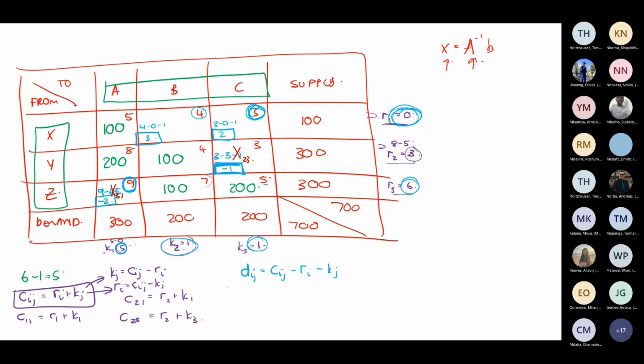So remember, we have an objective function value at the moment, which is 5 times 100 plus 8 times 200 plus 4 times 100 plus 7 times 100 plus 5 times 200. But we're saying if we bring in, so we increase the value of x23 or x31 by a single unit, they are going to decrease that objective function value. Obviously, the more units you bring in, the more it's going to reduce that objective function value.